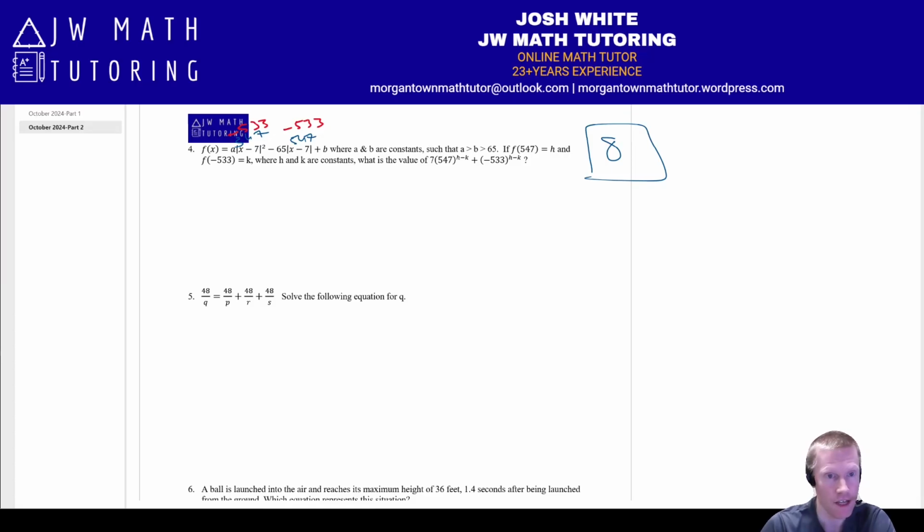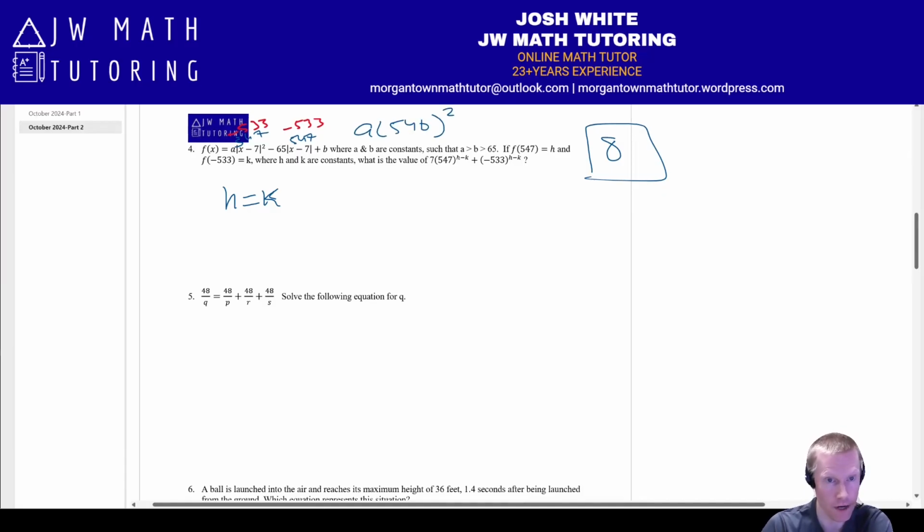So the point is, H and K end up equaling each other because the absolute value gives you the same expression. It's basically like A times 540 squared minus 65 times 540 plus B, whatever A and B are. It's the same value for both of them.